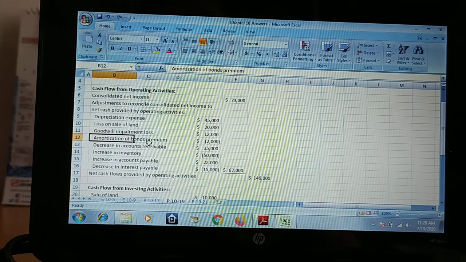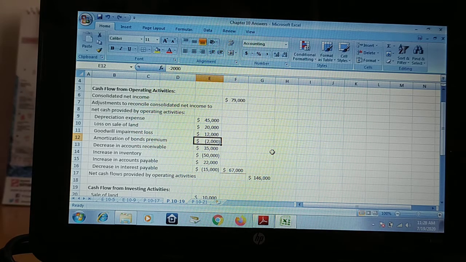Because the income statement records less interest expense than the cash that we have paid out, we need to put another minus 2,000 to convert it to the cash basis, so that it matches the cash that has been paid to the purchaser of the bonds. That's why the amortization of the bond premium is minus 2,000.